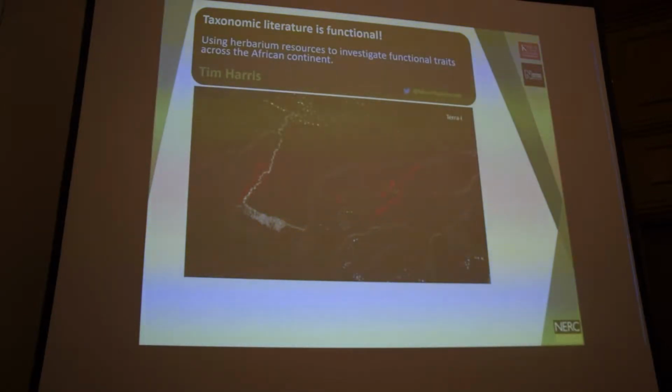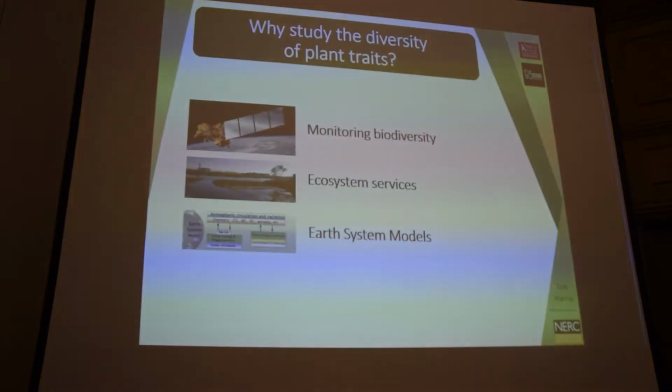My work focuses on the continent of Africa, and I'm interested in the extent to which remote sensing could be used for biodiversity monitoring, and whether traits, such as plant height, can be monitored using remote sensing.